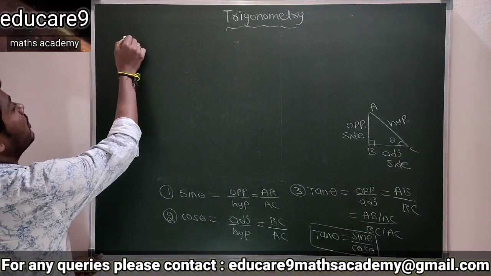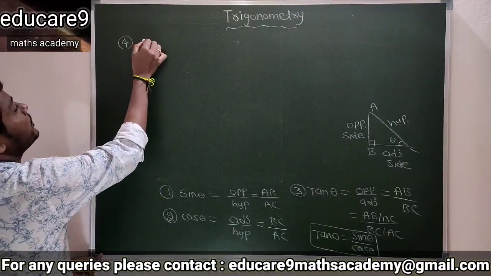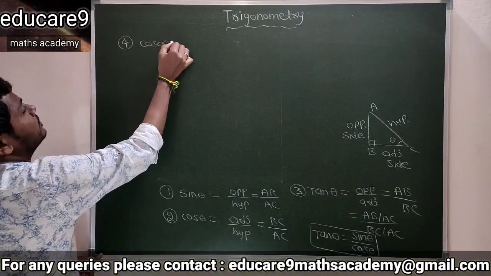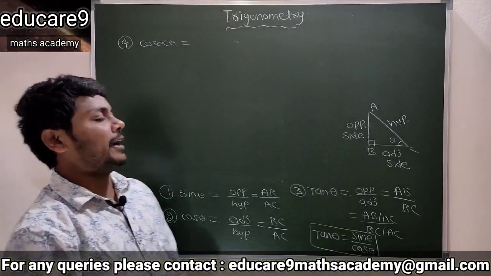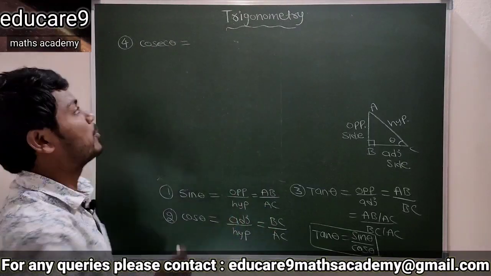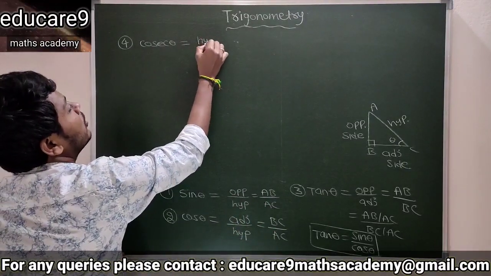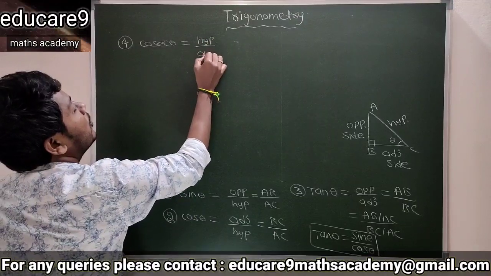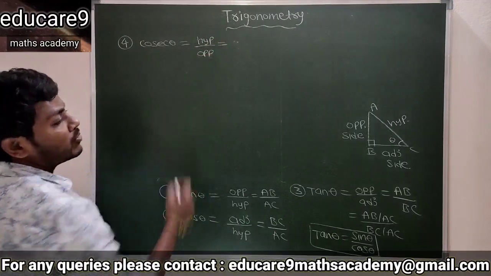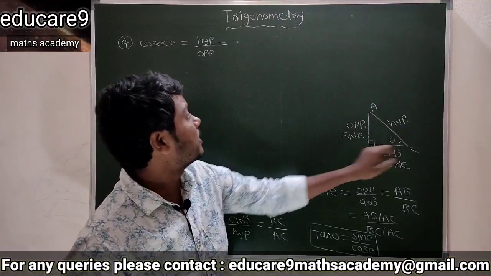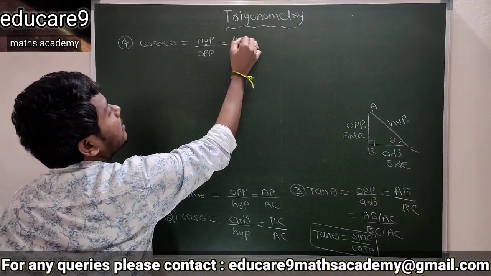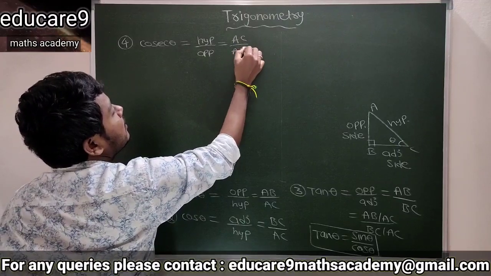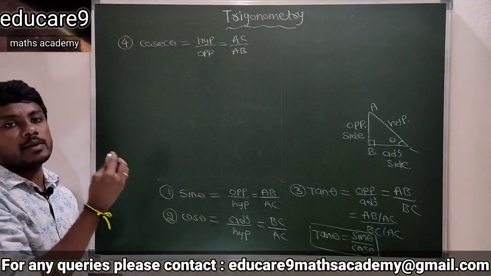So next, the fourth one, cosec theta. The cosec theta is defined as hypotenuse by opposite side. But what is the hypotenuse? AC, and the opposite is AB. So AC by AB. But how to write AC by AB?